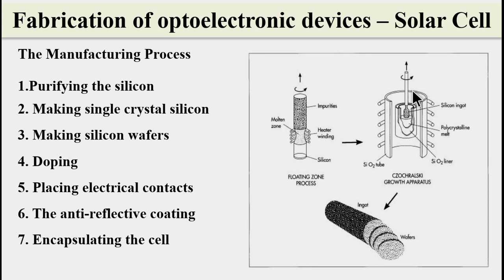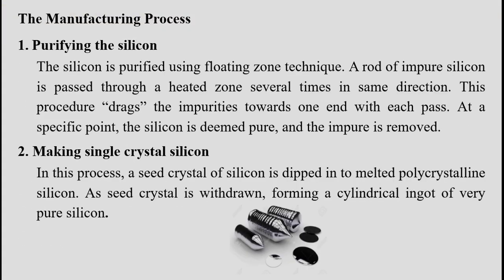Finally, after this pulling mechanism, the furnace is heated up to or above 1500 degrees Celsius, a seed of crystal of silicon is dipped into melted polycrystalline silicon, and then the seed crystal is withdrawn, forming a cylindrical ingot of very pure silicon. Okay, by using this Czochralski technique, we will get the pure silicon ingot.